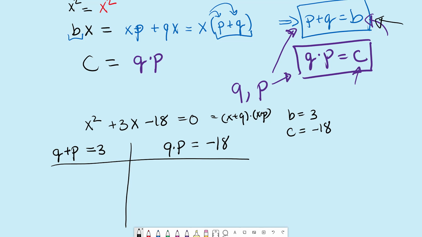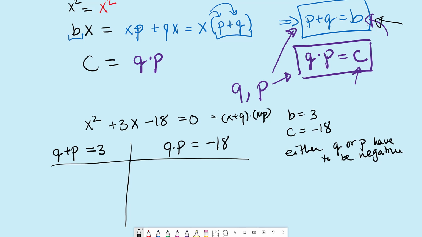Also, if we have two negative numbers, q and p, their product will be positive as well. So in this case, we know that either q or p has to be negative in order to get this negative product. Okay, now let's start looking at all the factors of c, which is negative 18.